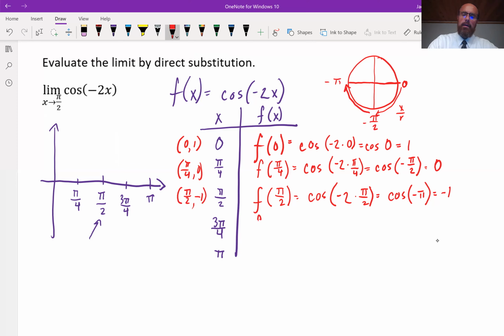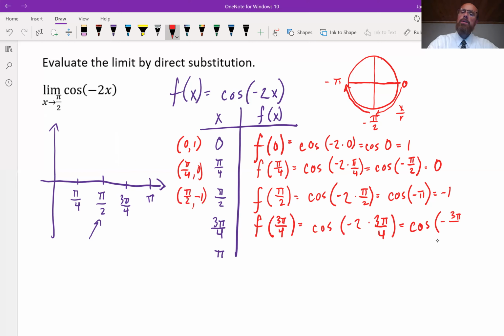And then our next value is 3 pi over 4, which is cosine of negative 2 times 3 pi over 4. Again, we've got to simplify that product inside for the theta value. Negative 2 over 4 becomes negative 1 over 2, so that's cosine of negative 3 pi over 2.